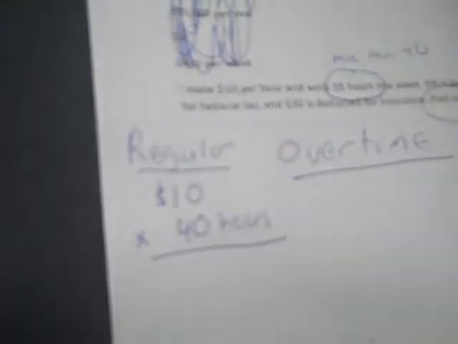Okay, so for the regular pay, he makes $10 multiplied by the hours, but regular is always 40. So I take 10 times 40 and I get 400.